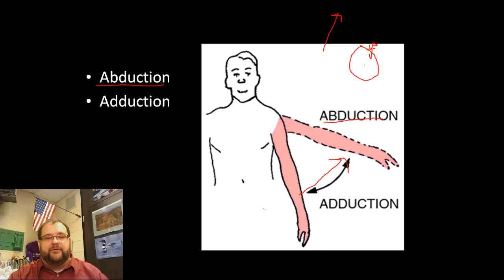Adduction is the opposite. Adduction pulls it towards. So an adductor muscle is going to pull the limb towards the body, but an abductor muscle is going to pull the limb away from the body. Just like aliens pull you away from your homes, not really, but at least in movies they do. An adduction going to pull you towards the body. So make sure you know those important terms.